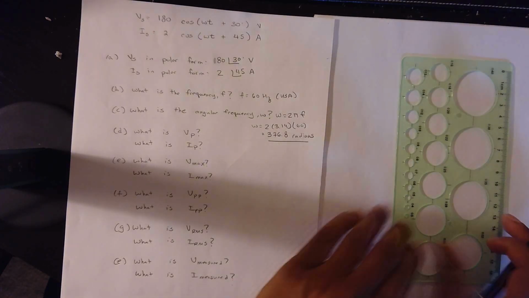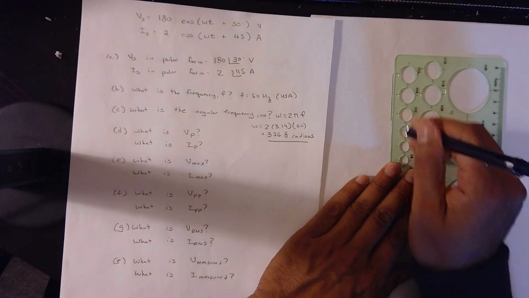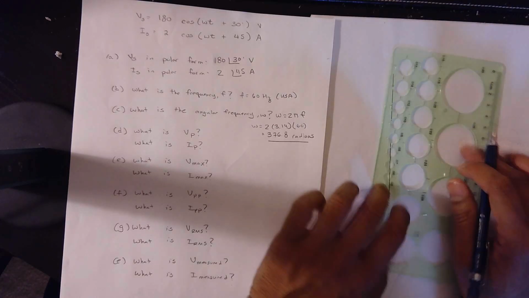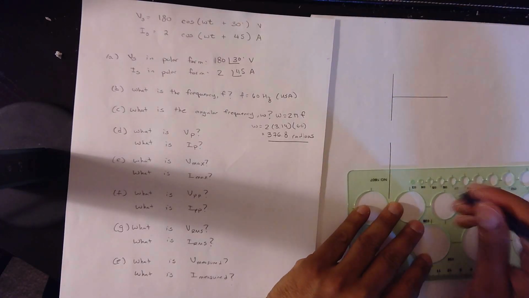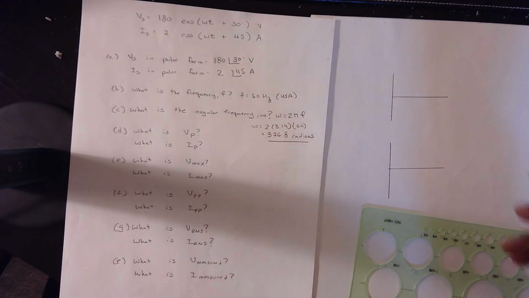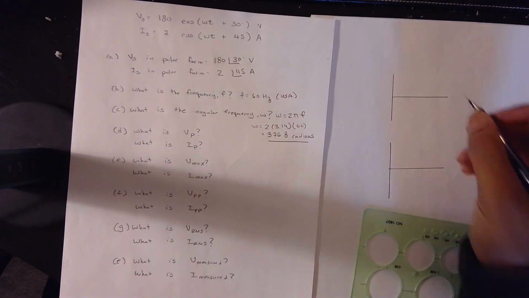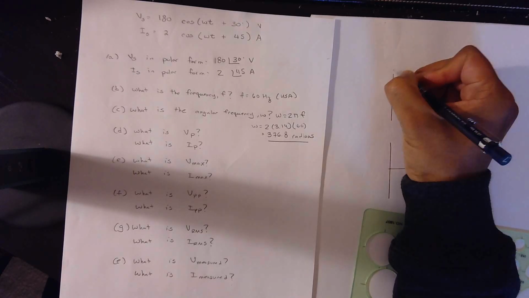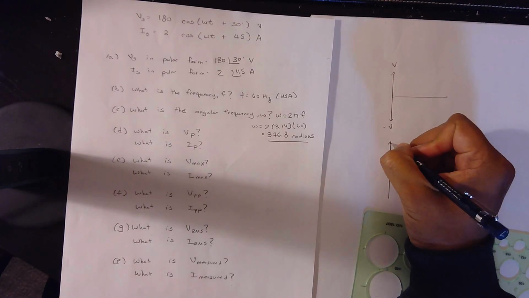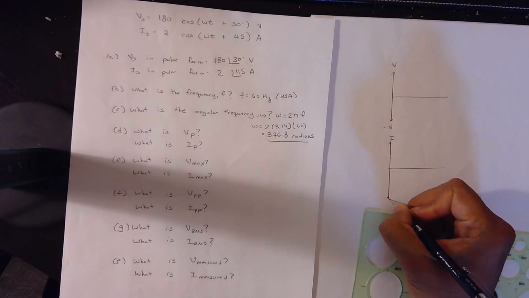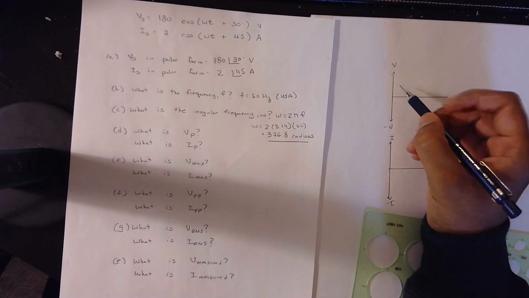So what we'll do is we'll draw the voltage, and we'll draw the current, okay? And we're going to have this at, obviously, your voltage here, minus voltage here, current here, minus current here.